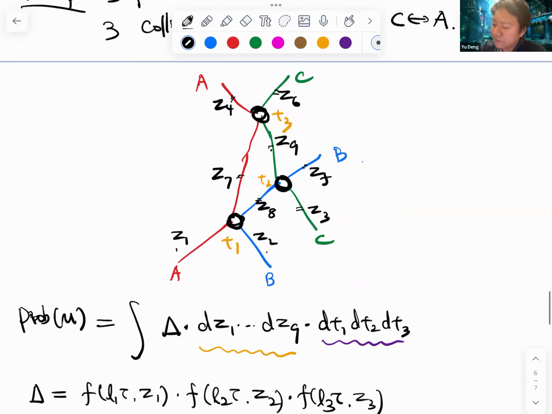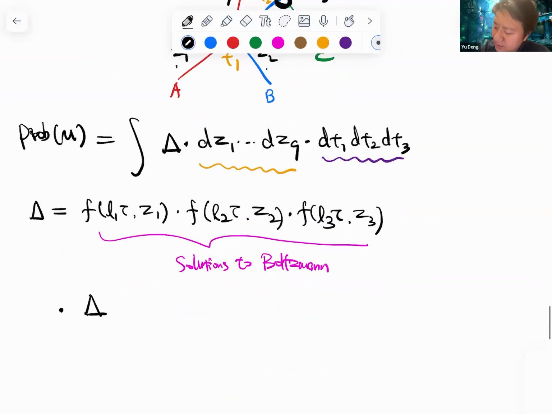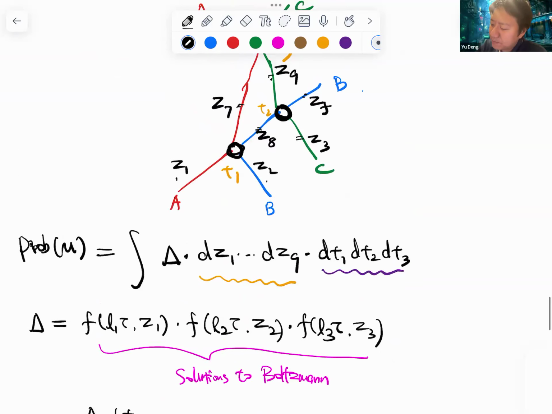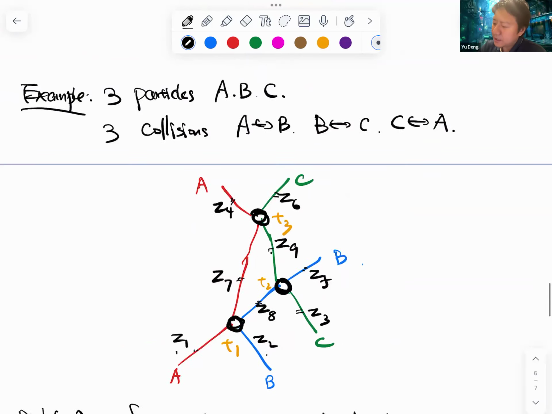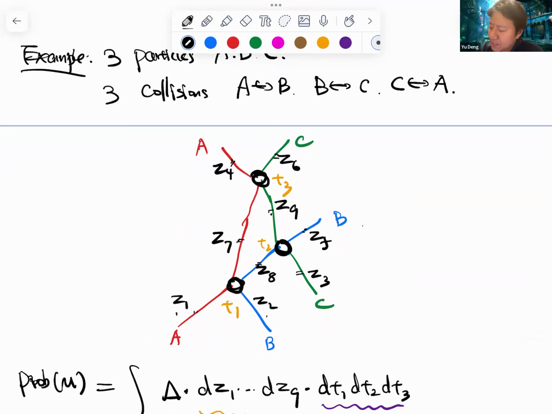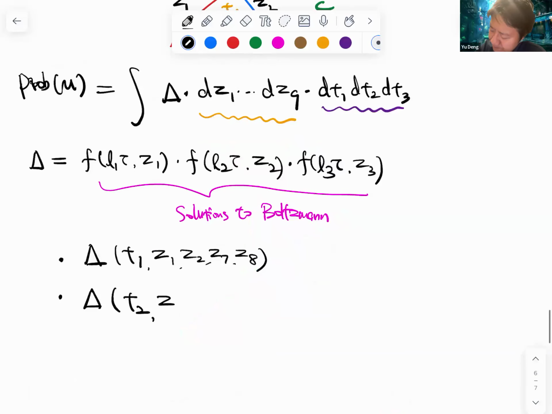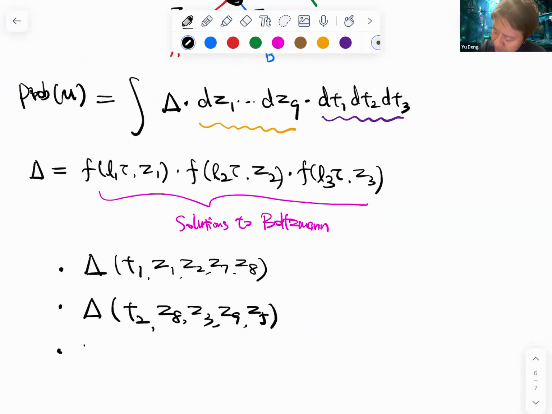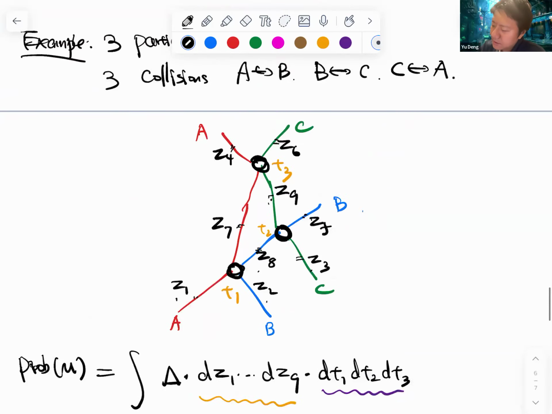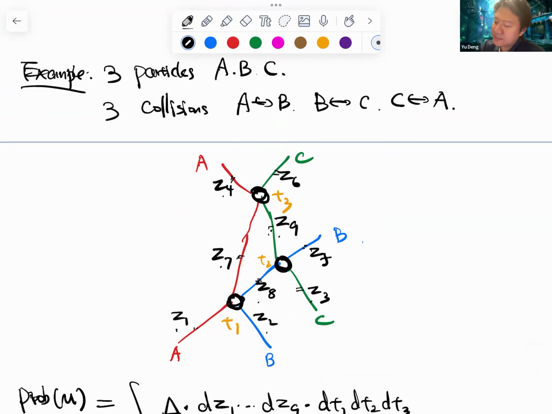There is a delta of the first collision T1 with the velocities Z1, Z2, Z7, Z8, times another delta at collision T2 with the four velocities Z8, Z3, Z9, Z5, and finally, at the collision T3, we have Z7, Z9, Z4, Z6.